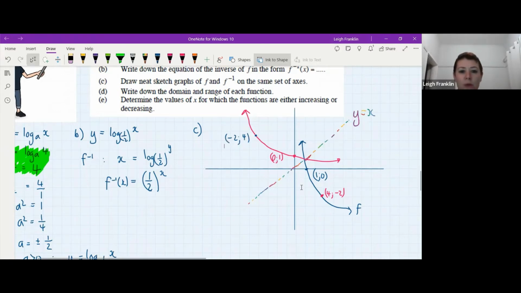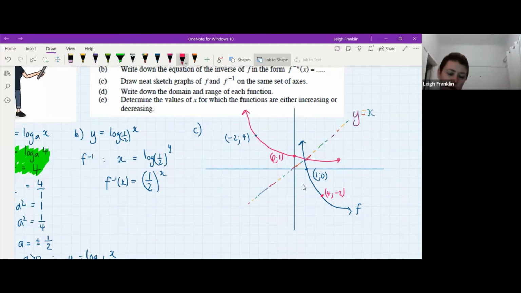Now, domain and range of each function. This is the horrid bit. Let's start with the pink one, I think that'll be easier for you. The pink one is the exponential function. The blue one is the log function.